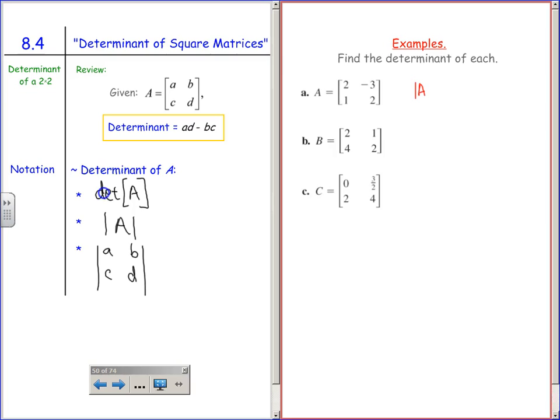Let's go find the determinant of A, the determinant of B, the determinant of C, and I'm using all my notations. Okay, what's the determinant of A? 3, which Jason was totally right, is a 7. You guys agree?